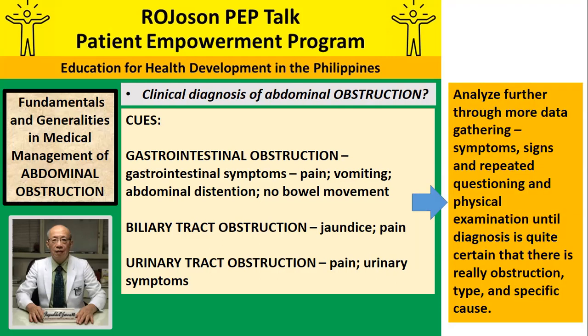After you get these initial cues, you have to analyze further through more data gathering, more symptoms, more signs, and repeated questioning and physical examination until the diagnosis is quite certain whether there is really obstruction and then the type, whether it's gastro, biliary, or urinary, and the specific cause, whether it's due to a tumor, stones, and others.